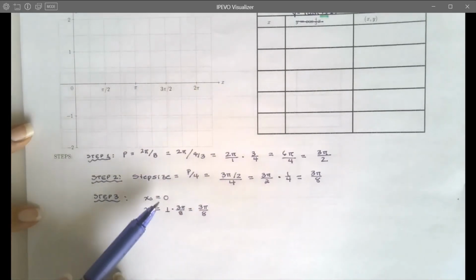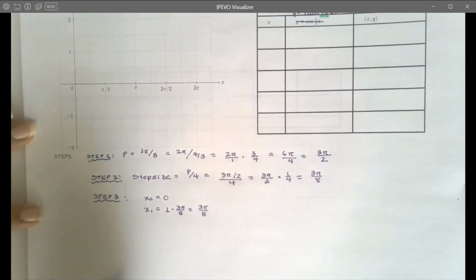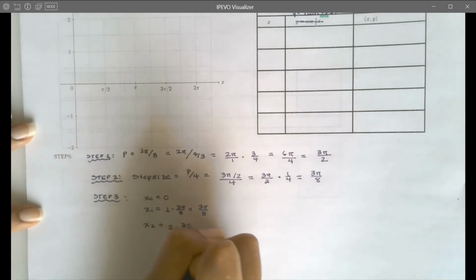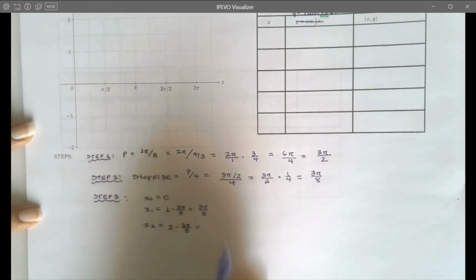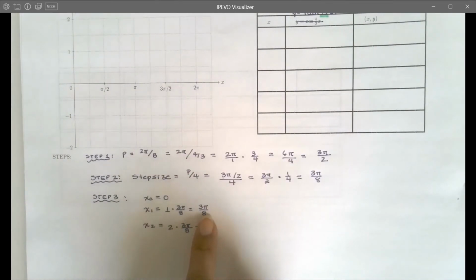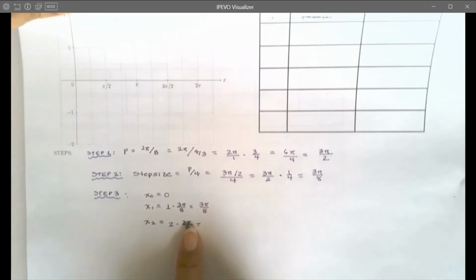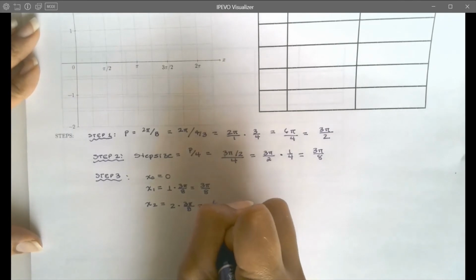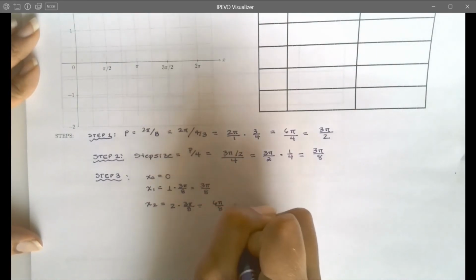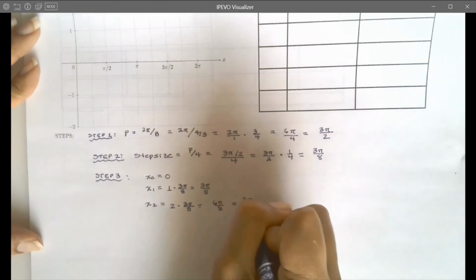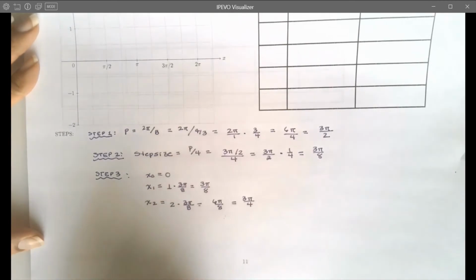And that is the same thing as taking 0 and adding the step size. Okay, for the next one, we're going to take 2 times 3 pi over 8, because we're adding 2 of those to 0, or if you want to think about it, adding 3 pi over 8 to 3 pi over 8, which is just 2 times that amount. And that's going to give us 6 pi over 8, which when we reduce by 2 top and bottom is going to give us 3 pi over 4.